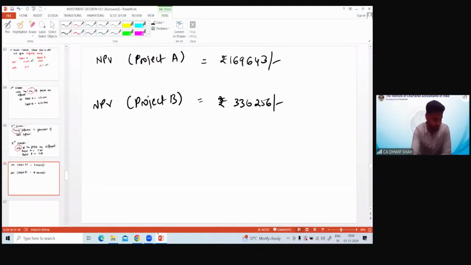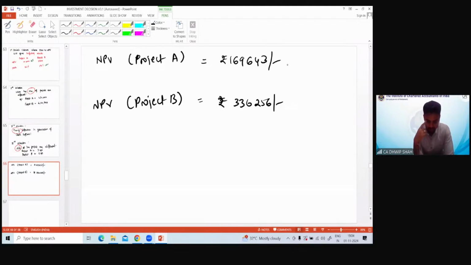336,256. Everyone is getting this answer. The discounting rate is 12% for NPV. For IRR, you need to take different trials because at 12% NPV for both projects is positive.